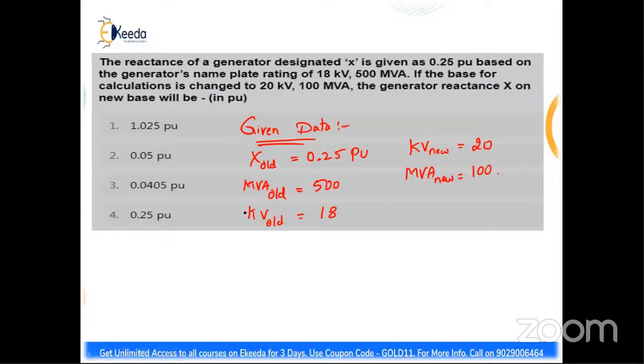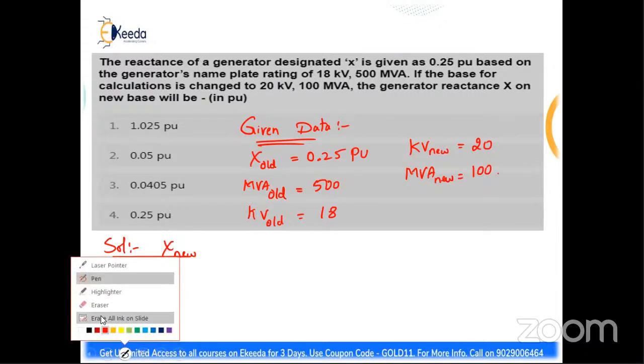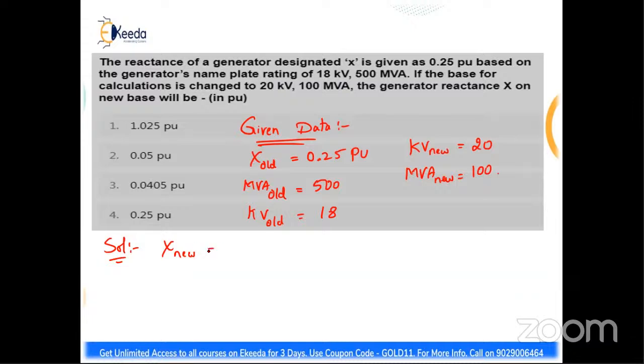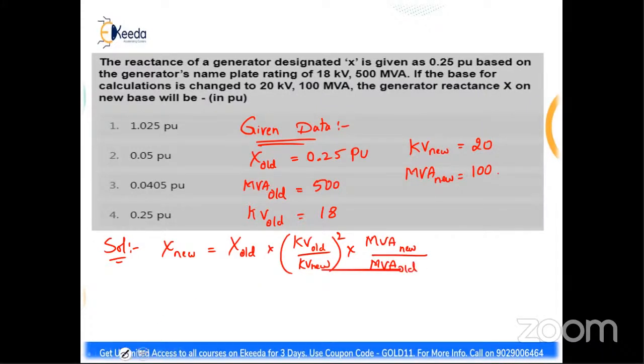So now substituting the formula, that is solution: X new is equal to the old reactance value into (kV old divided by kV new) whole square into MVA new divided by MVA base, the old base value.